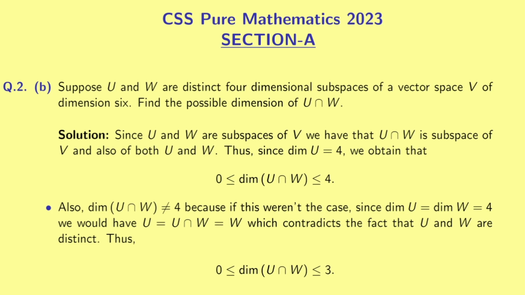Therefore, the dimension of U intersection W must be less or equal than 3. So until now, we know that it can be 0, 1, 2, or 3. Let's see if we can get rid of more possibilities.